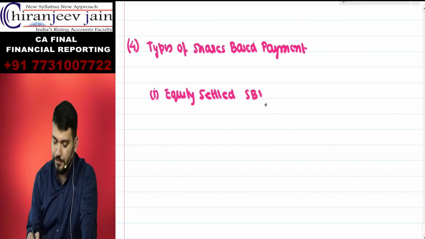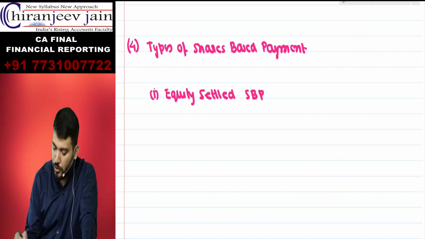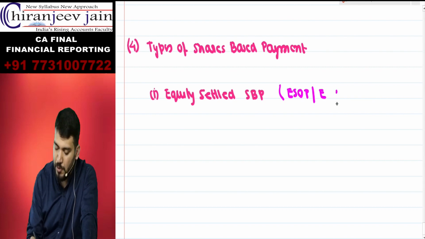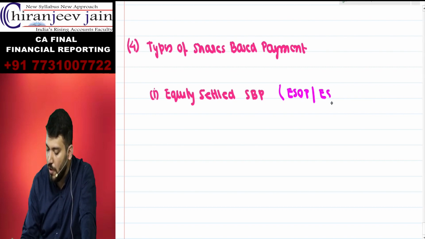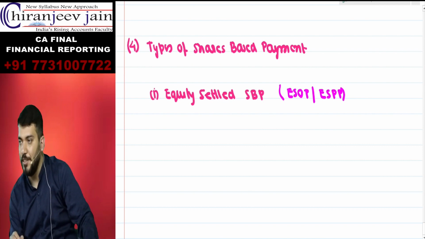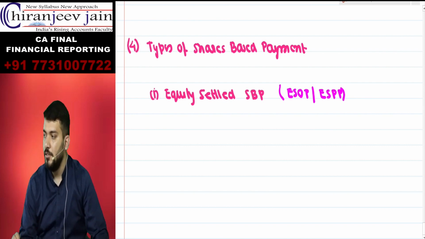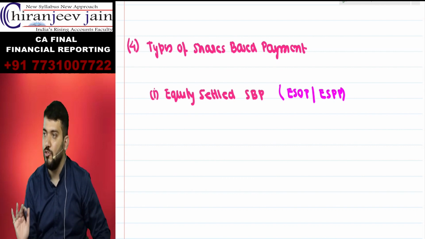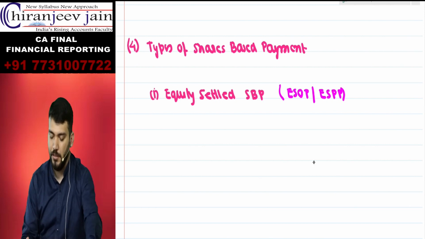What is the meaning of SBP? There are 2 examples of this: ESOP or ESPP. ESPP means Employee Stock Purchase Plan, which is commonly known as sweat equity shares.